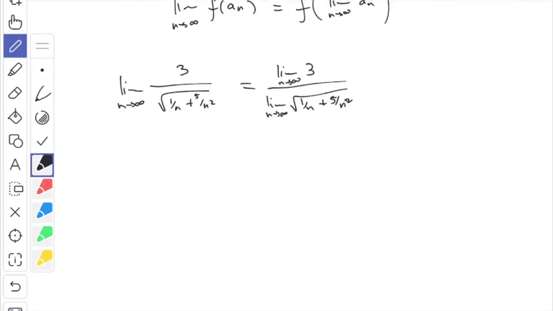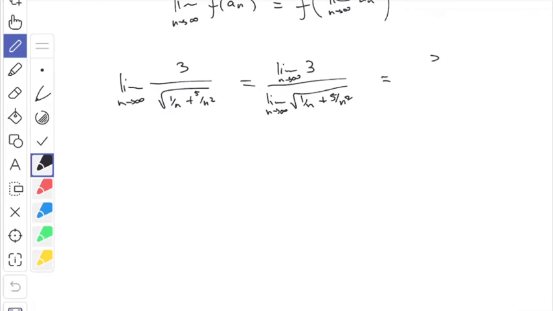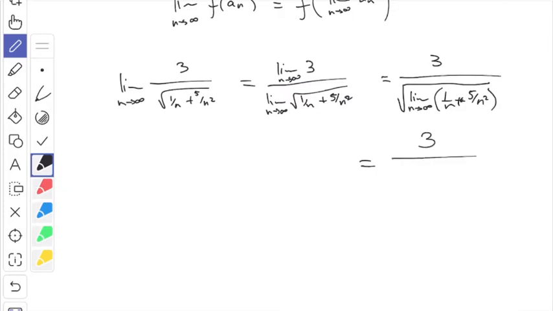So the limit of 3 on the top is 3. And then what did I do on the bottom? Instead of doing the limit on the outside of the square root, I took the limit under the square root. So technically what I did in the next step was this. And then I turned those both into, so actually there was yet another step.